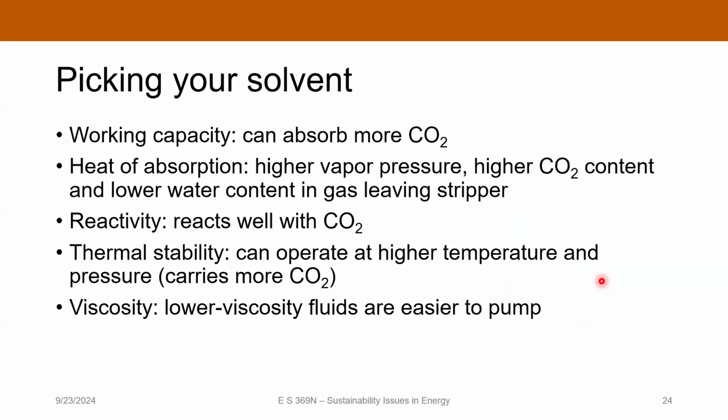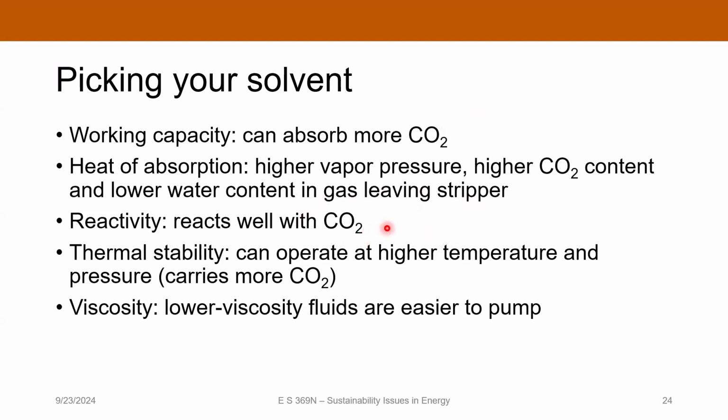Okay. So the solvents that we're going to use in here, you want it to be able to absorb as much CO2 as possible. We call that the working capacity. We want the heat of absorption to be relatively low to make it easier to absorb. This will allow us to have lower water content in the gas that leaves the stripper column and things like that.